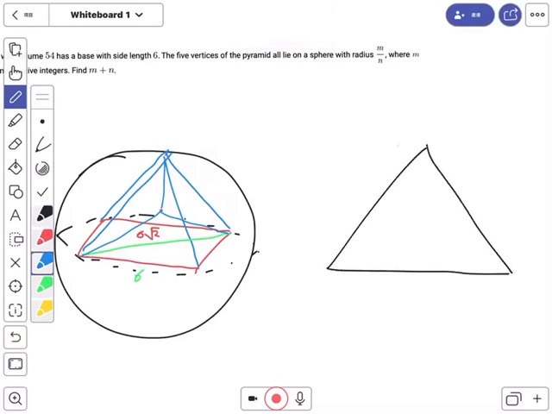Now we have this center, and because of symmetry, this actually lies exactly on the middle, the perpendicular bisector of the bottom. Now we connect these two lines. Then, surprisingly, these are both the radius because these all lie on this sphere, and therefore the connection between that point and the center of the sphere is definitely going to be the radius. So we're going to call this r, since we're going to solve for r.